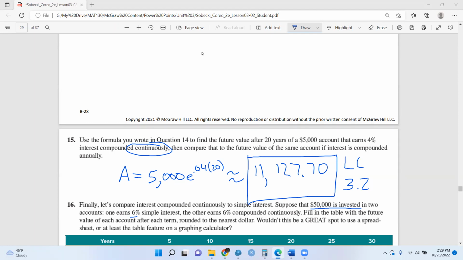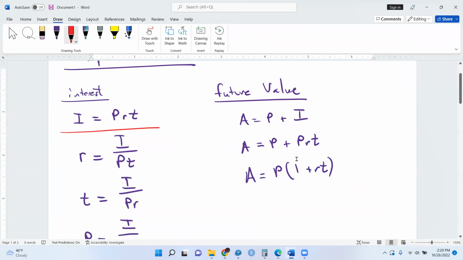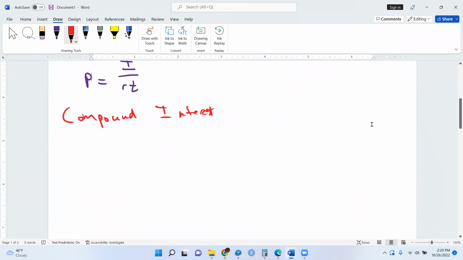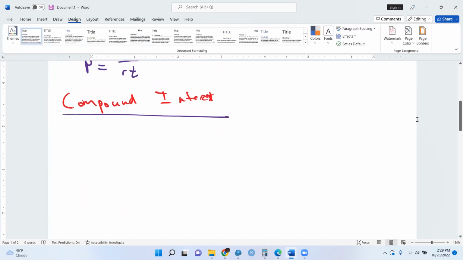You are most welcome. Okay, so from this lesson, here's all the simple interest formulas. For compound interest, we really just have 3.